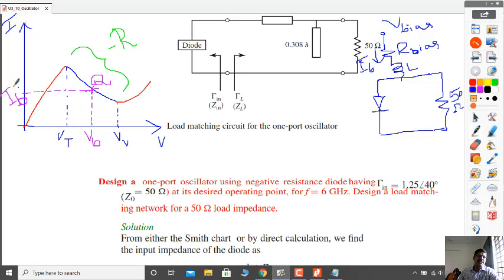This IB current can be obtained by having a suitable bias resistance and applying the bias voltage. This bias voltage is slightly greater than this voltage because some amount of voltage will drop across the R bias. The role of the RF coil is that it only allows the DC current to flow through the diode to ensure the Q point.